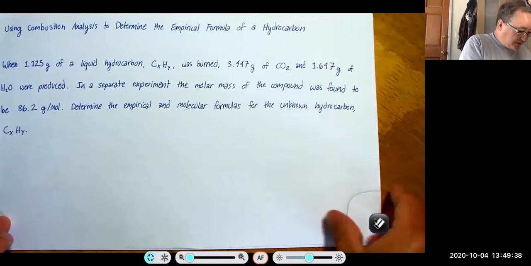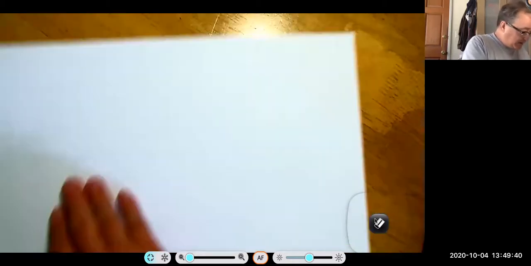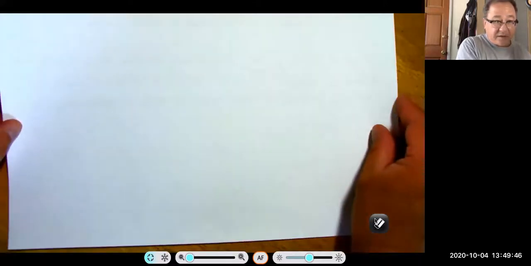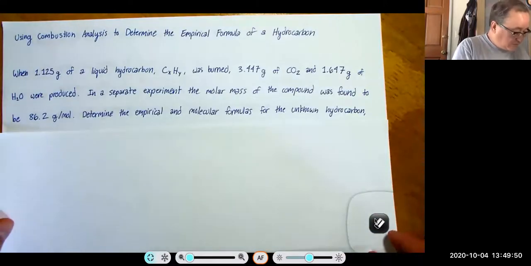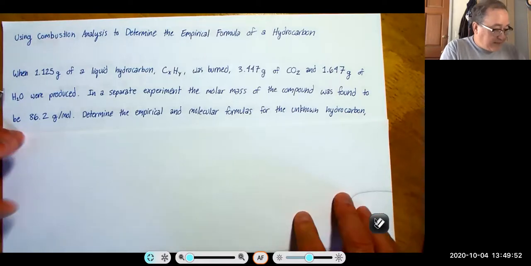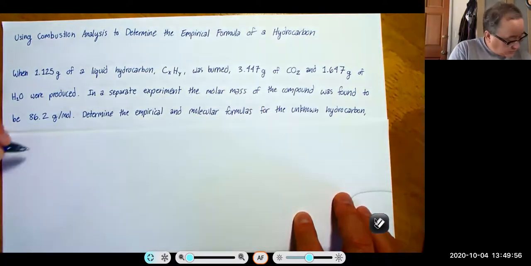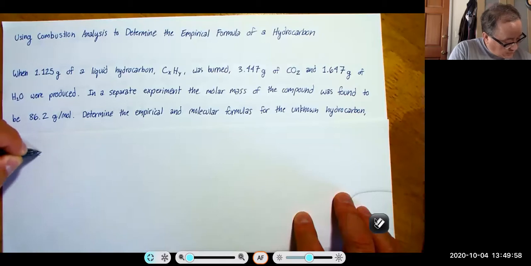So I'm trying to get the piece of paper I have underneath here so that we can do this. All right. So what we're going to do, first of all, is we're going to take the mass of CO2 and get the moles of carbon. So I'm going to put moles of carbon here.